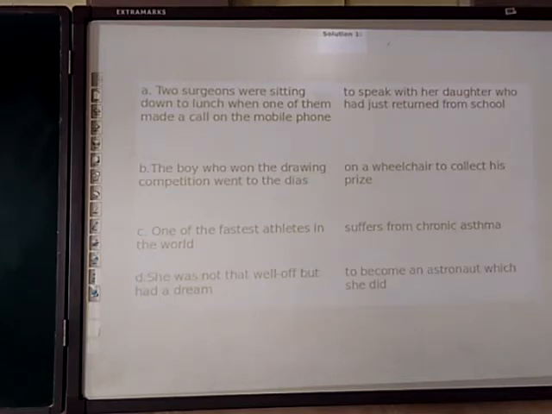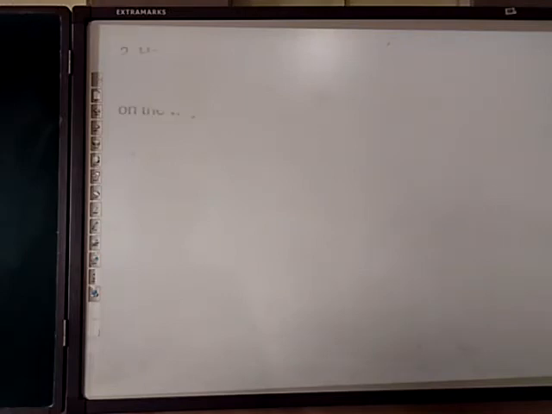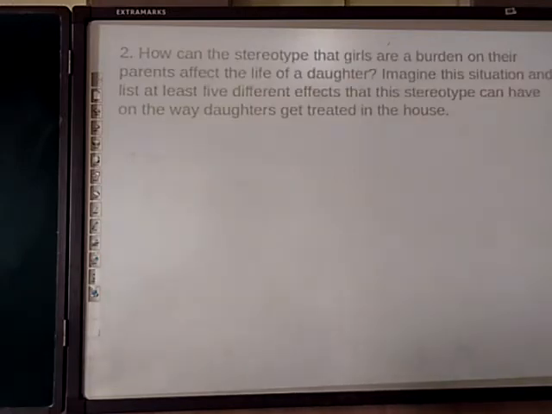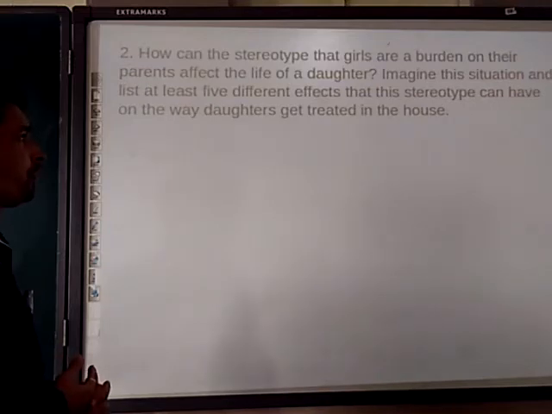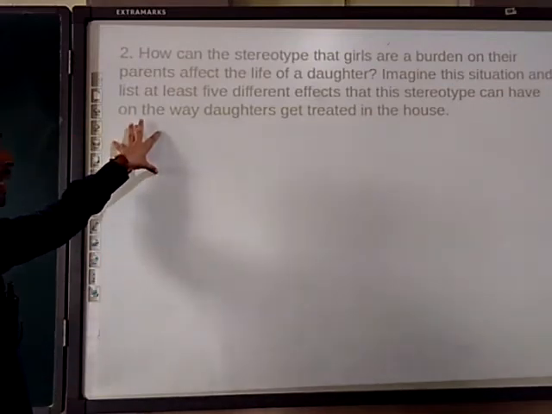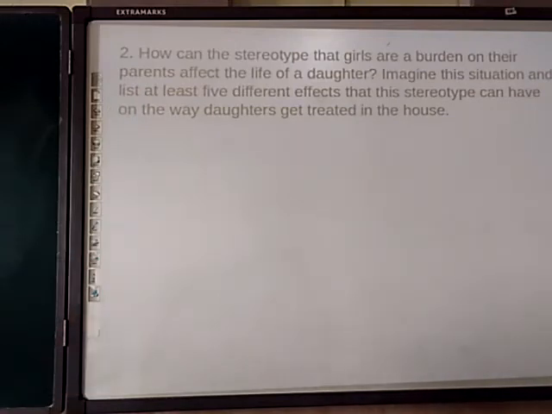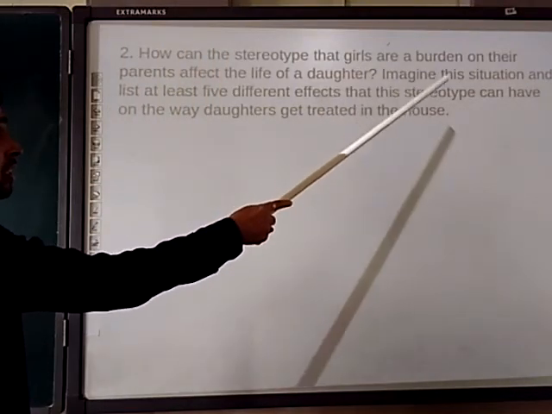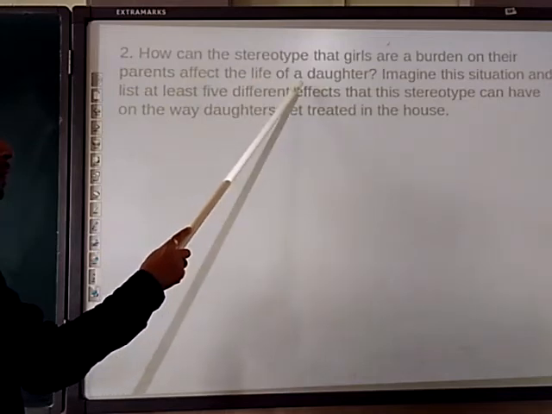Next, moving toward question number 2. How can the stereotype that the girls are the burden on their parents affect the life of a daughter? Imagine this situation and list at least 5 different effects that a stereotype can have on the way daughters are treated in the house. So in this question we are seeing how the stereotype that girls are a burden on their parents can affect the life of the daughter.